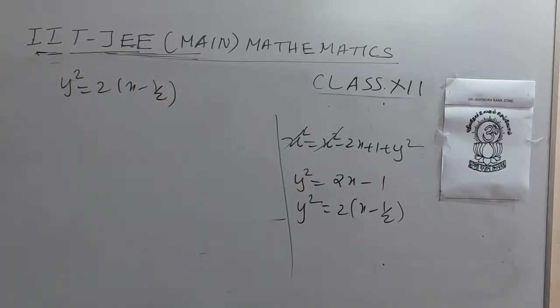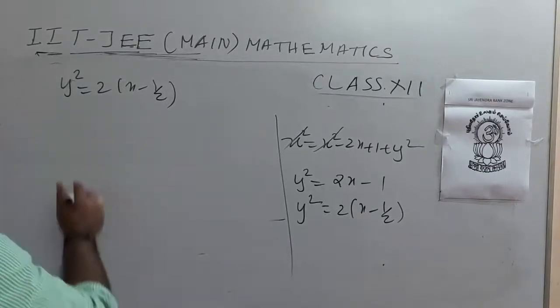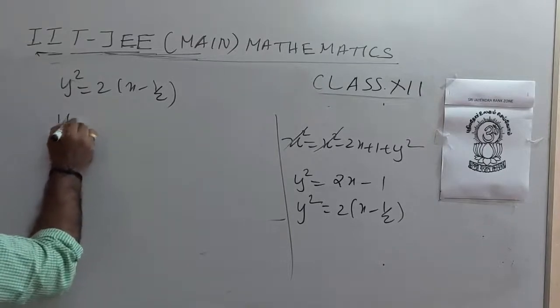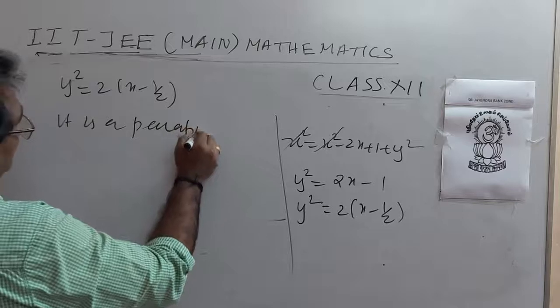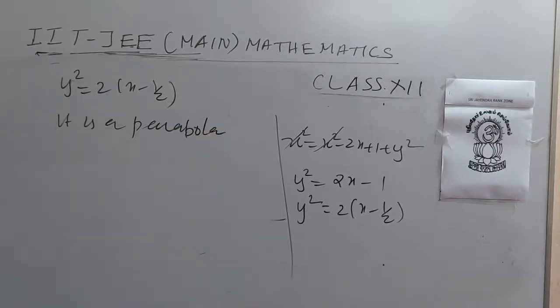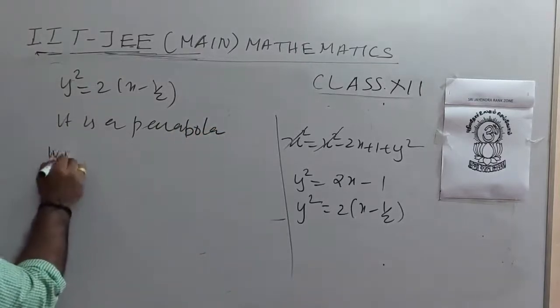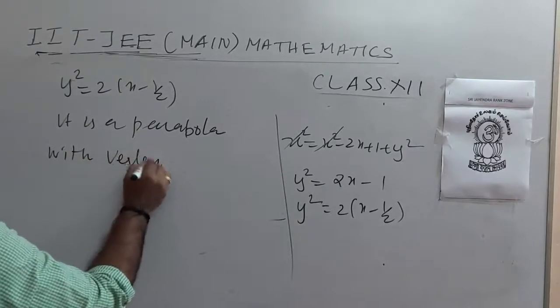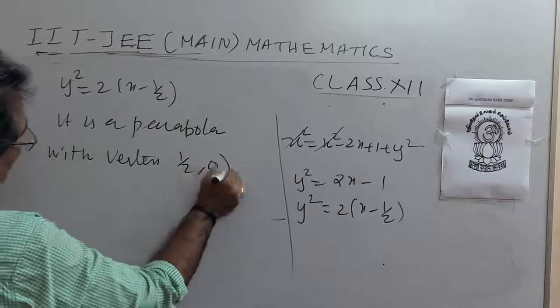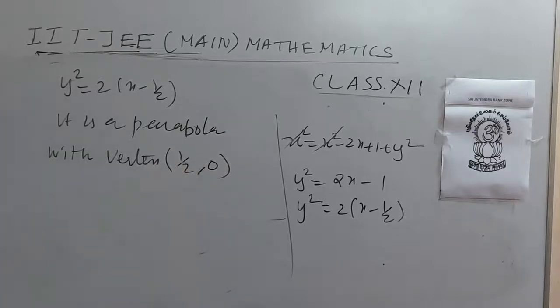In fact, this represents a parabola with vertex 1/2 comma 0.